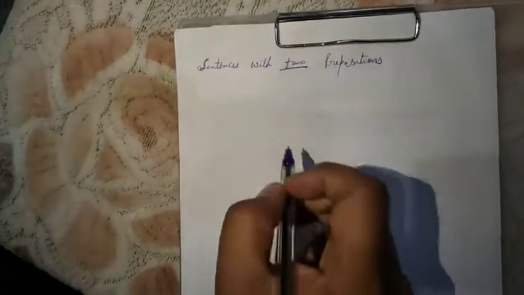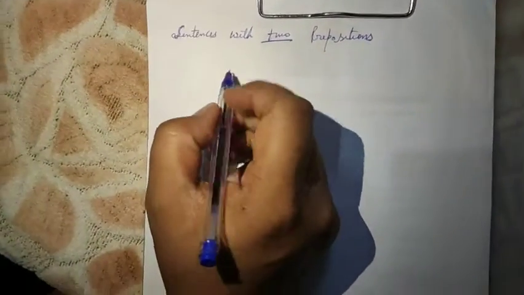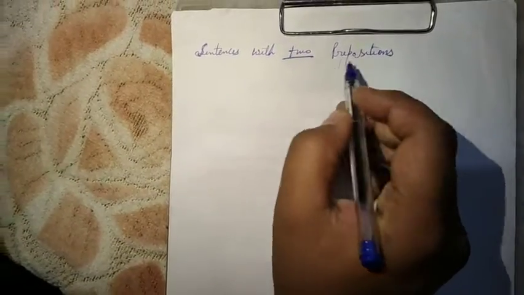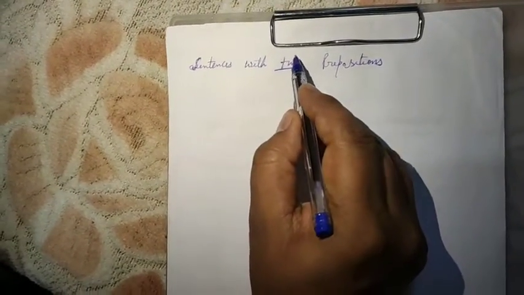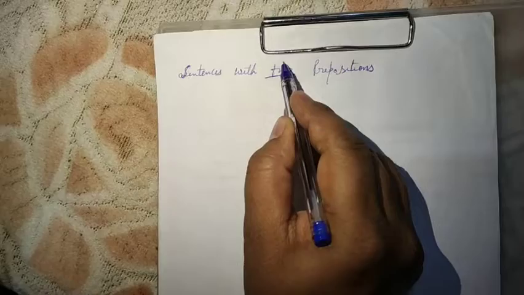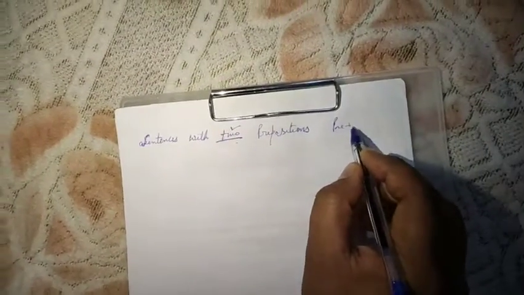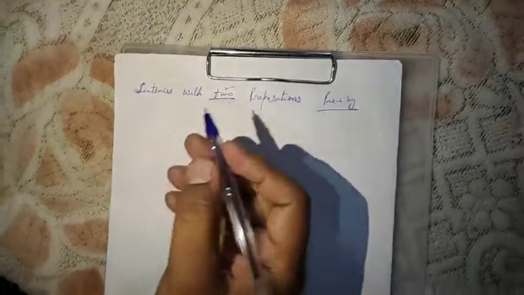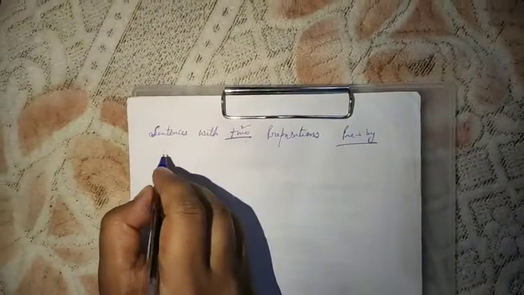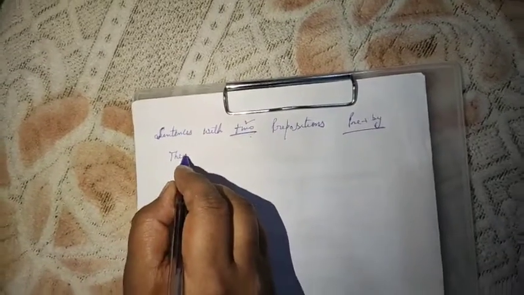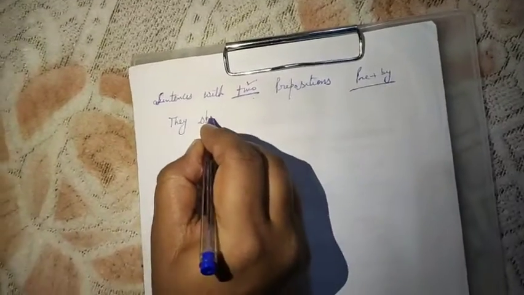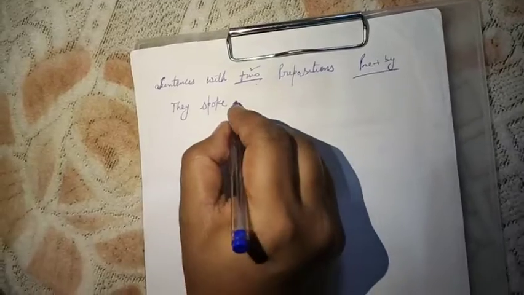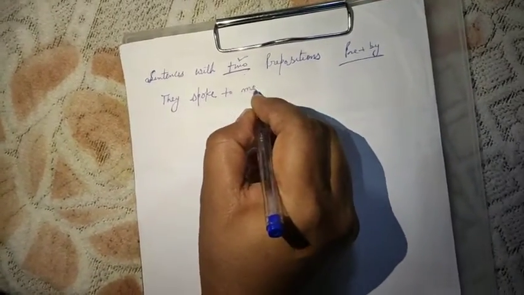Now see the sentences with two prepositions. In this case, a separate preposition will be used and by is used as usual. See some sentences to understand better. Suppose the sentence is, they spoke to me.